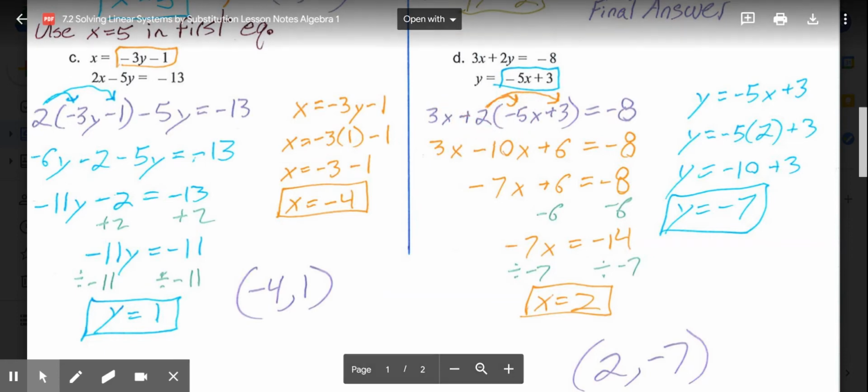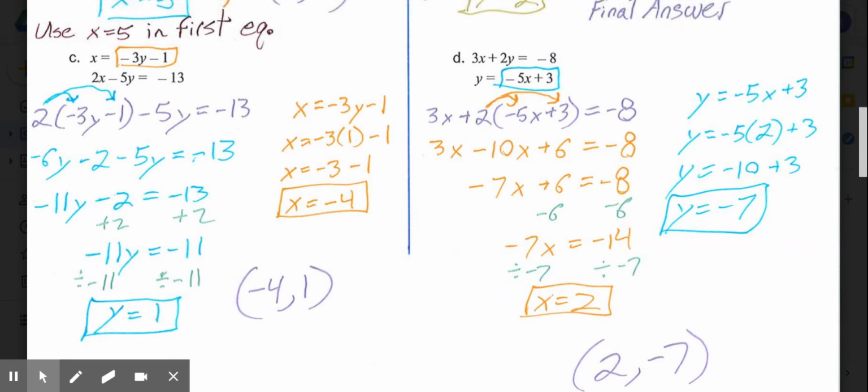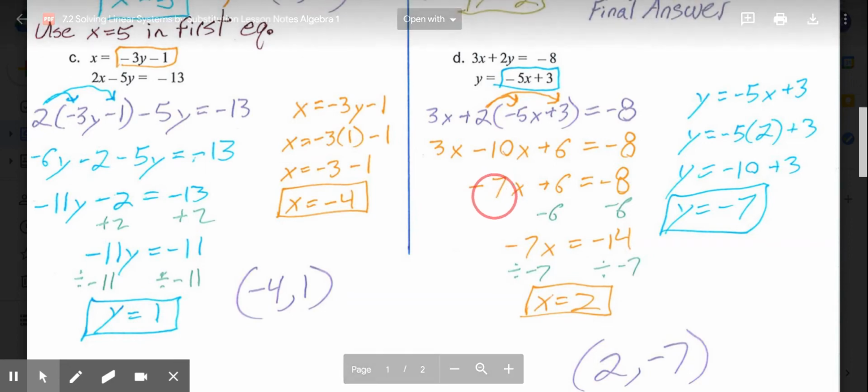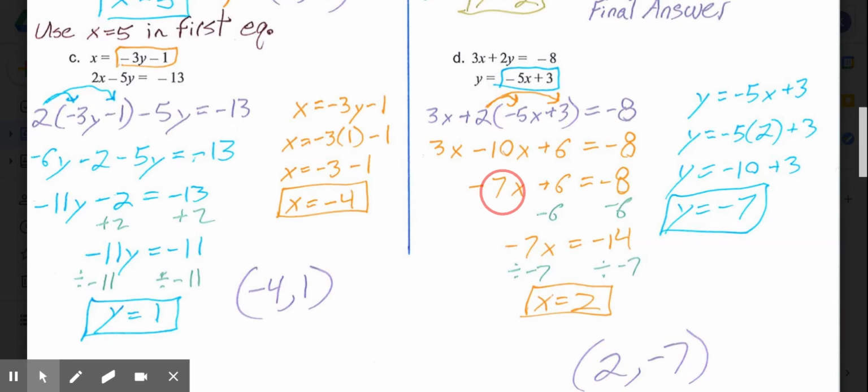Distribute the 2, so we end up with 3x minus 10x plus 6 equals negative 8. 3x minus 10x can be combined for negative 7x. So negative 7x plus 6 equals negative 8. Subtract our 6 from each side, divide by the negative 7, and x equals 2.